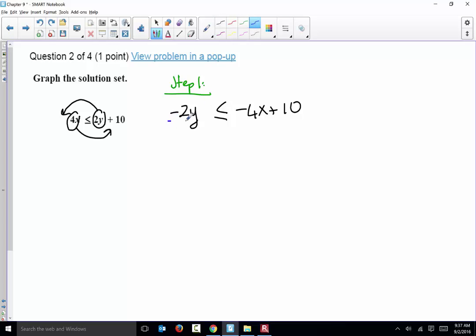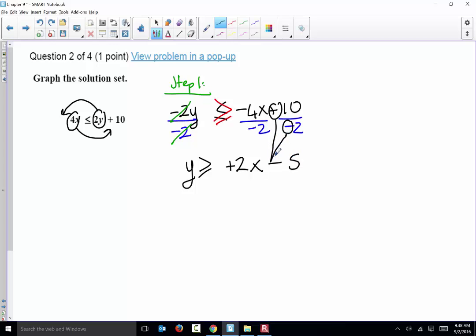And then I need to divide both sides by negative 2, dividing everybody. And flip the sign. Remember, if you're dividing both sides by a negative, flipping the sign is required. Negative 4 over 2 is positive 2. Positive 10 over negative 2. 2 goes into 10 5 times, but it's a negative sign, right? Correct?